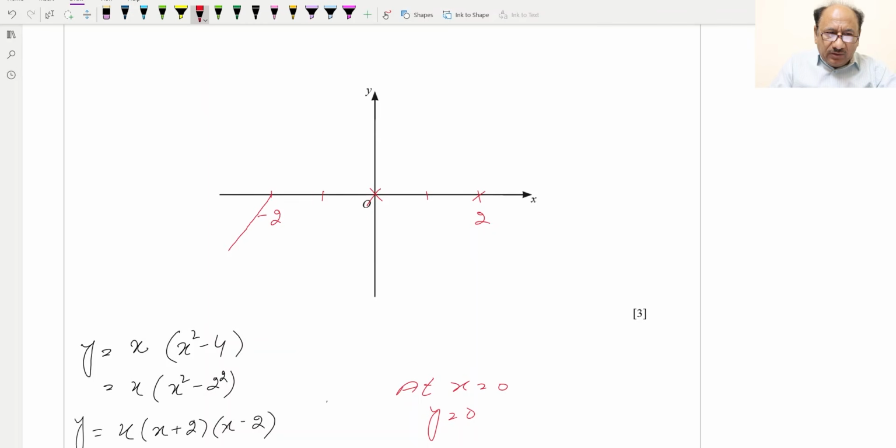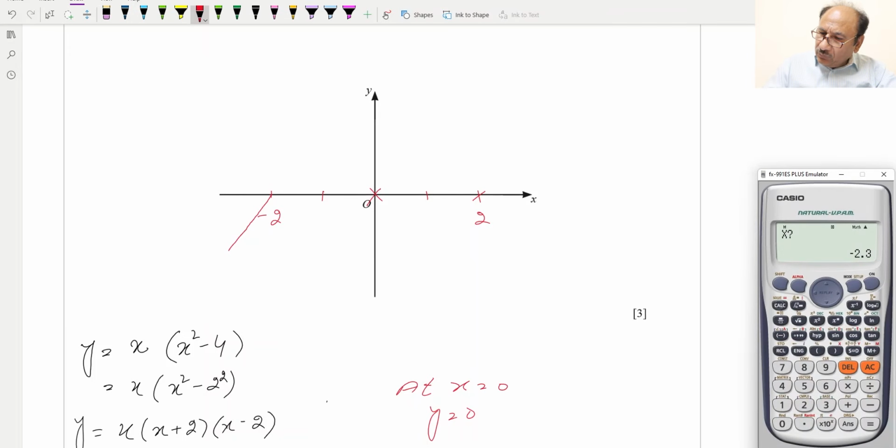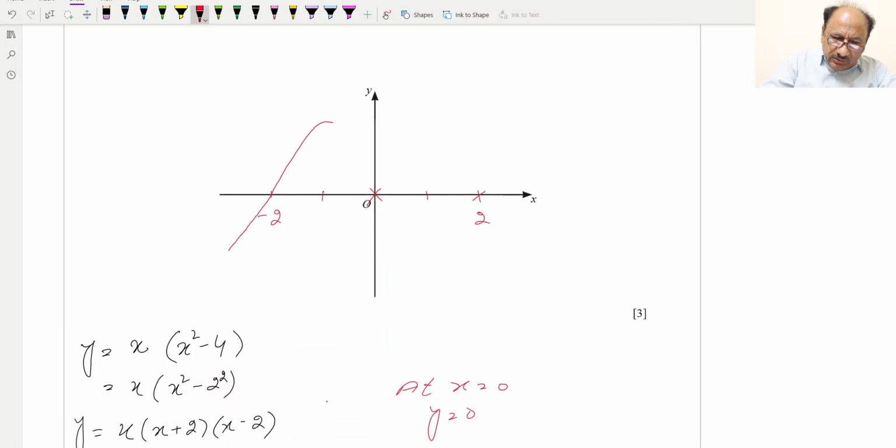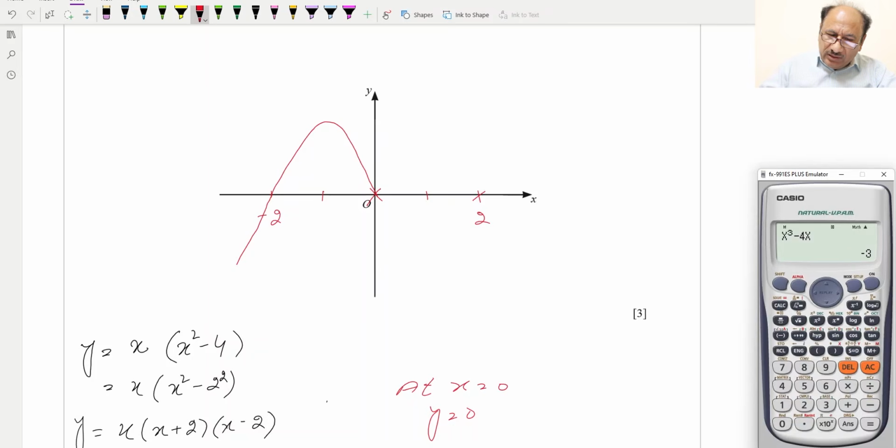Now we can check, for example, for 1. If we calculate for 1, this will be equal to minus 3. So we can go up to minus 3, this will be like this one. So I will redraw this like this. And similarly if we check for the plus side, calculate for x is equal to 1 and this will be minus 3.